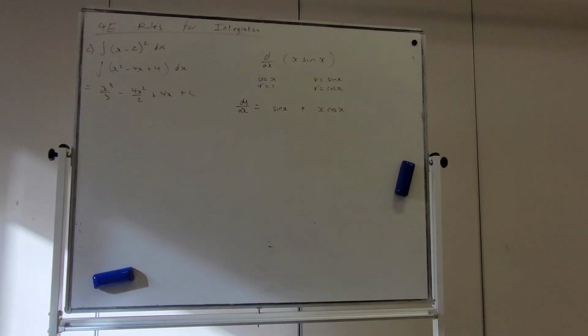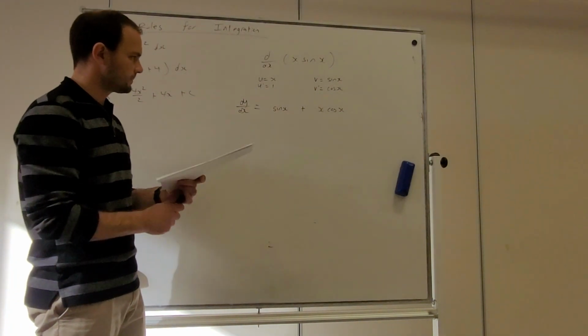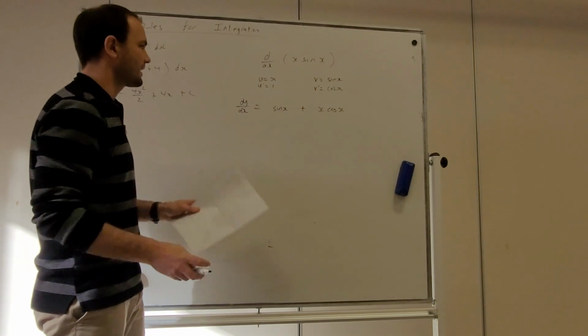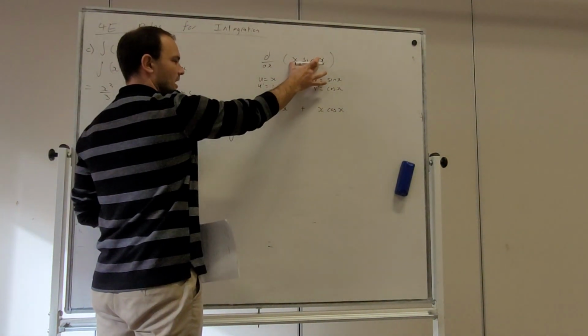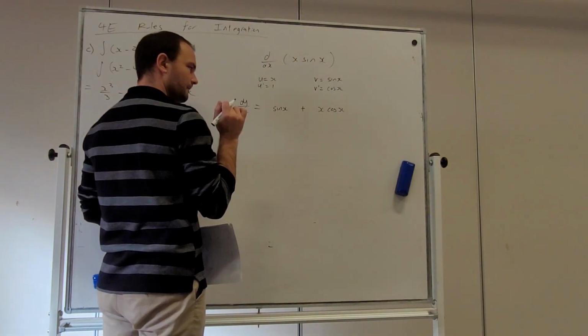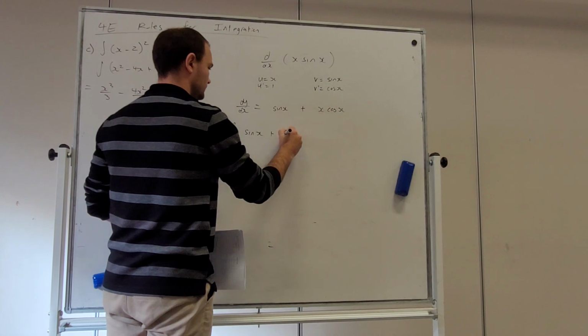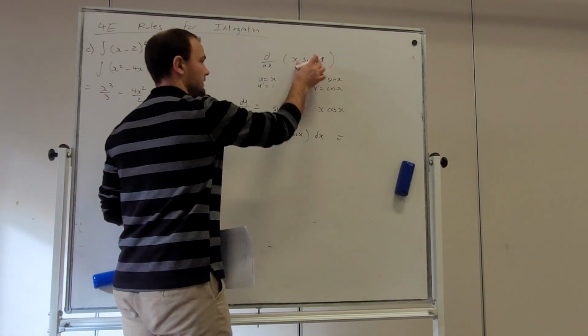Differentiate it. Hence, find the integral of x cos x. Well, we don't have the integral of x cos x, but let's make the integral statement, and then we'll manipulate it until we can isolate the x cos x component. So, if we differentiate this, this is what we obtain. Therefore, if we integrate this, then this is what we will obtain.